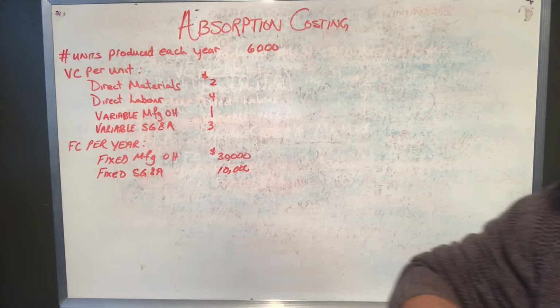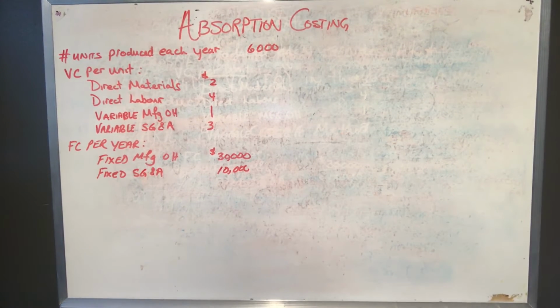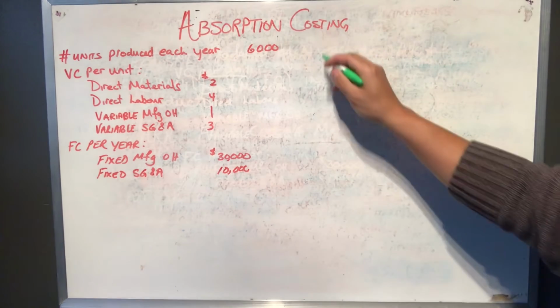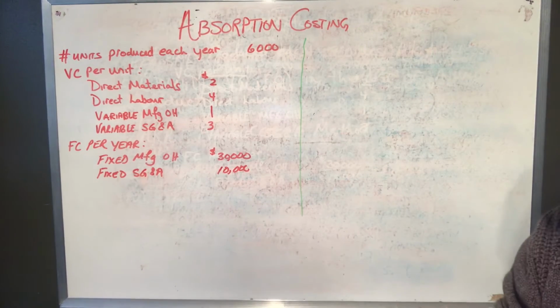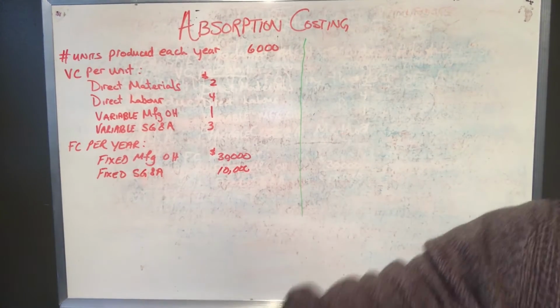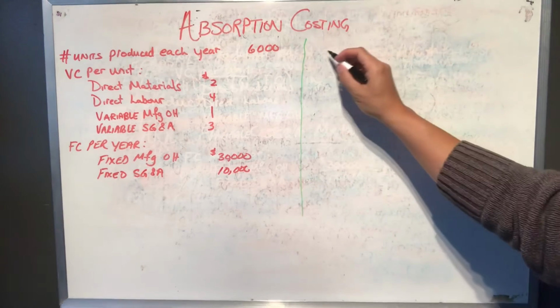So here, let's just say that we want to calculate what the cost is going to be per unit under absorption costing. If we look at this, we can calculate the different components that we will have to account for under absorption costing.